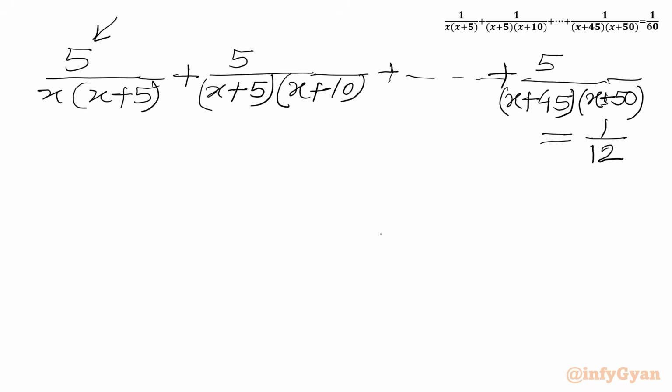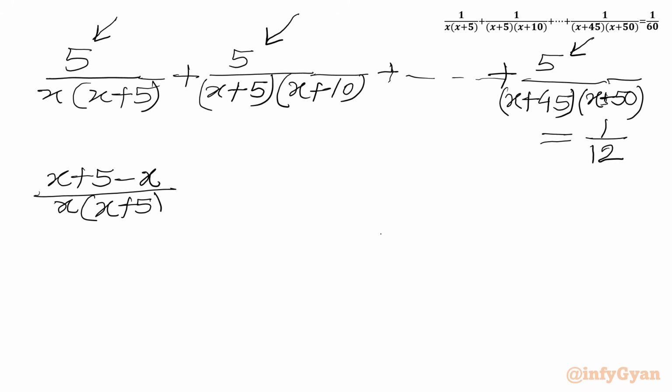Now we have 5 in the numerators. We will write 5 times x plus 5 minus x. In the denominator we have the product of both. For the second term, 5 can be written as the difference between the brackets which are in the denominator, x plus 10 minus x plus 5.